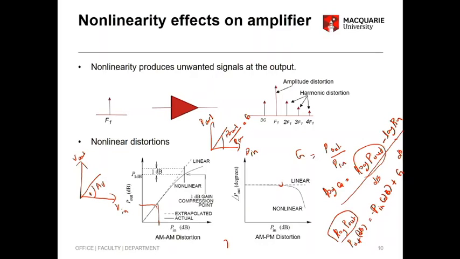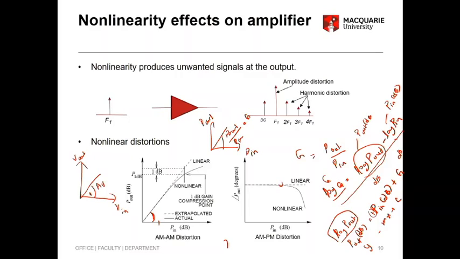Because this is P in dB, that's P out dB, and that's just the gain. Now that's positive, and you will notice this is in the y equals mx plus c form, and your gradient is 1. So this gradient is always 1 in a log scale.